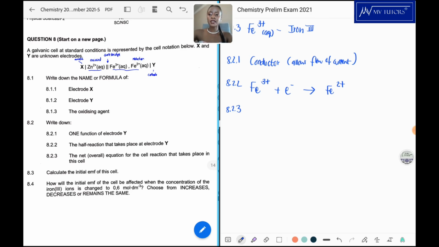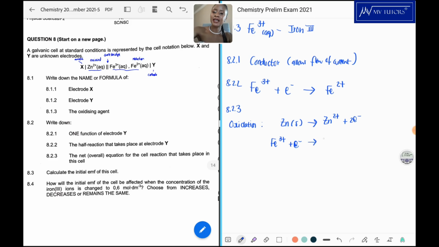Normally, I would write down what happens at the anode, so I would write down the oxidation half reaction. I know I had zinc as a solid, and then it went to the zinc ion. Then I know I went from iron 3 plus, plus an electron, to iron 2 plus.